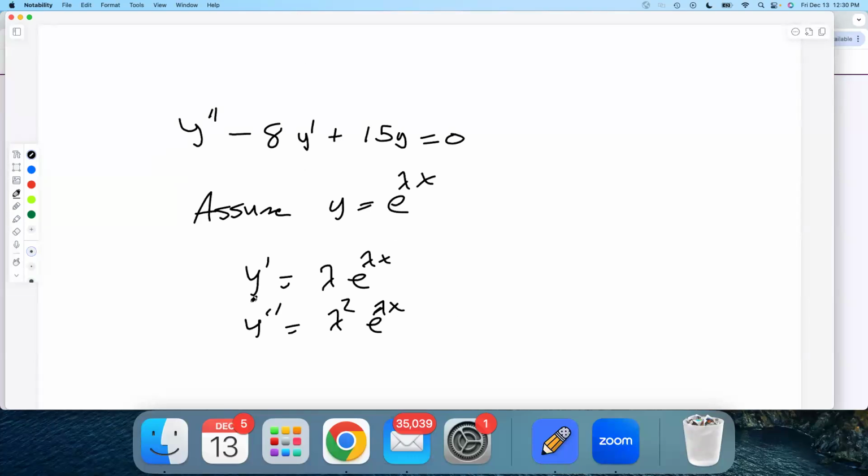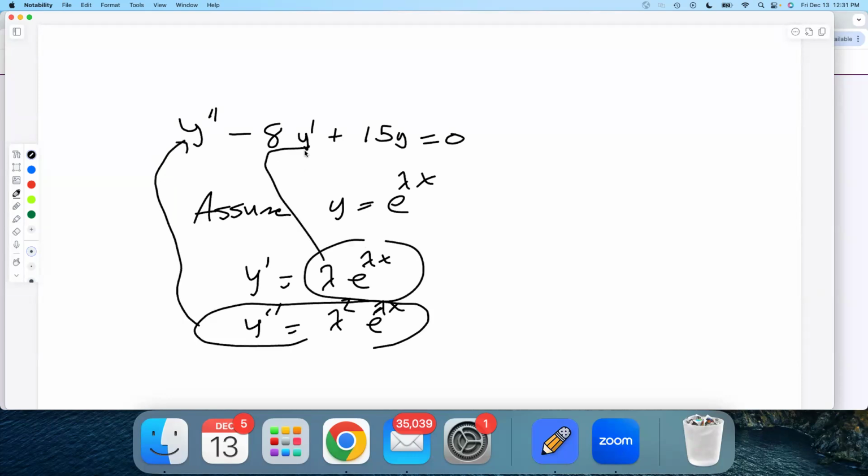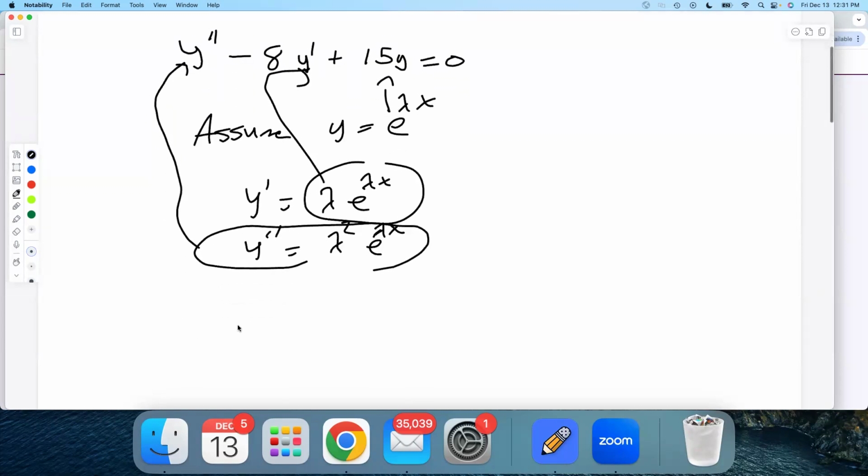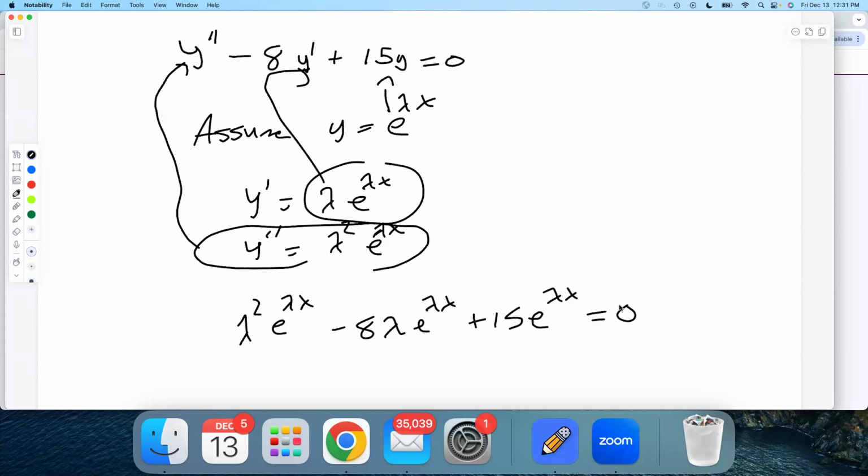Okay, then that means we're going to plug this guy right here, plug this guy right here, and the original right there. And that'll give us lambda squared e to the lambda x minus 8 lambda e to the lambda x plus 15 e to the lambda x equals 0.